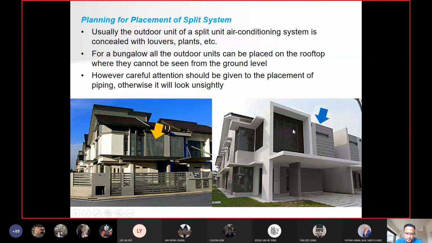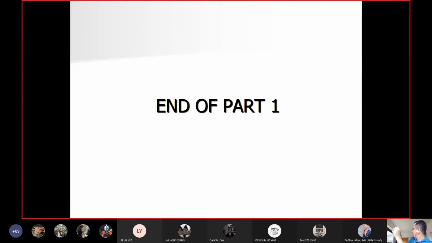Basically when you have a flat roof in your design, you can place the outdoor unit on top of the flat roof. With that, you don't really see the outdoor unit from your eye level, especially when you stand on the ground. You look up, you don't really see the outdoor unit. Right? Okay, so basically that's all.